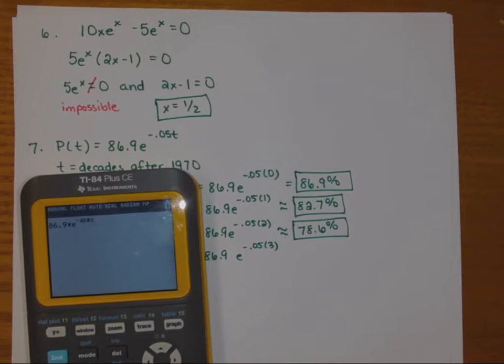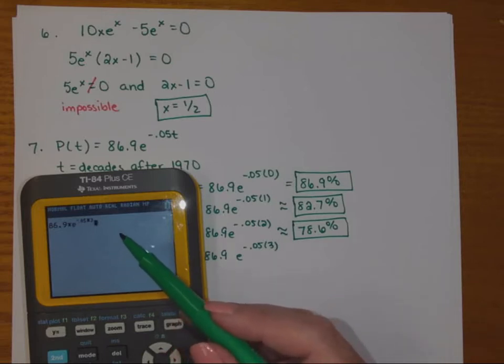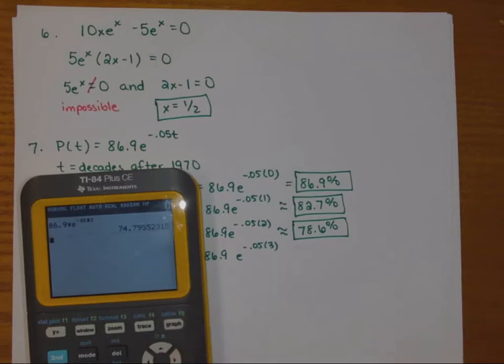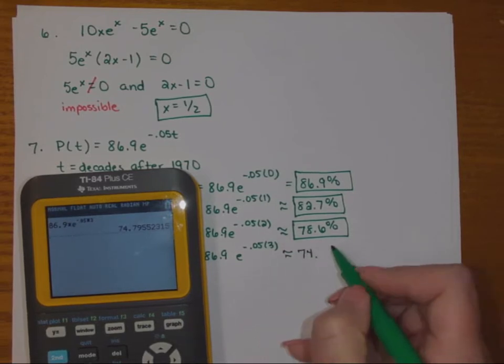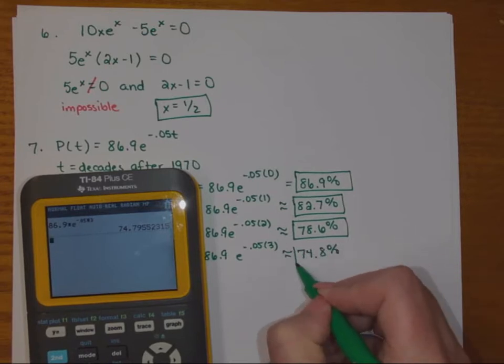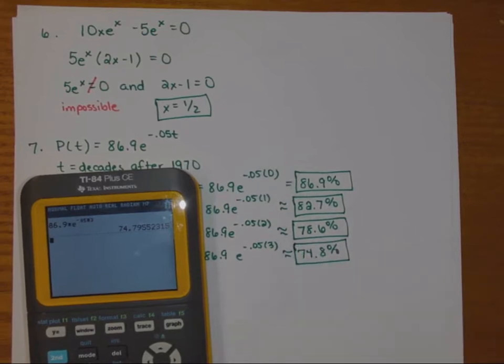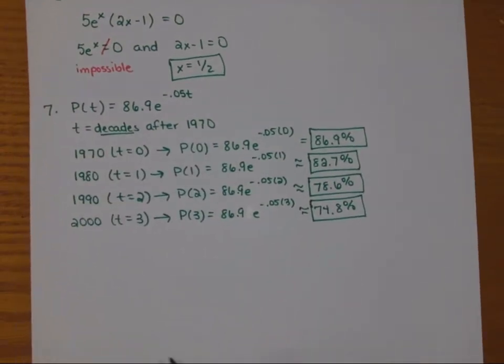If you have an older calculator, you might need to put parentheses around the exponent since it has 2 pieces. But mine opens up an exponent box, so that's not necessary. So in 2000, it had fallen again to about 74.8%. So that's all there is for that one.